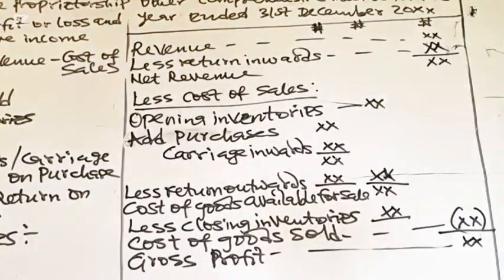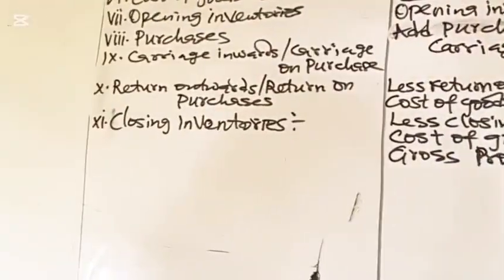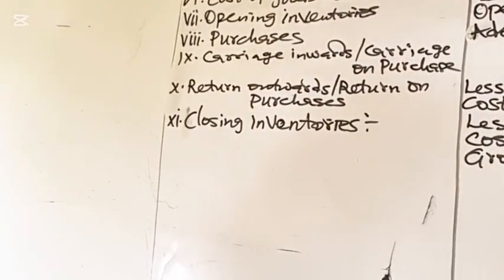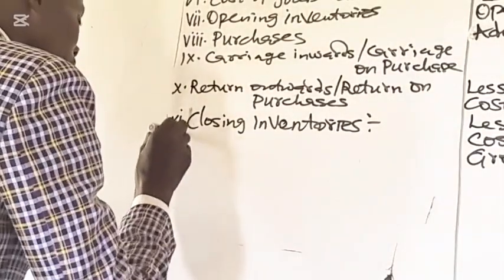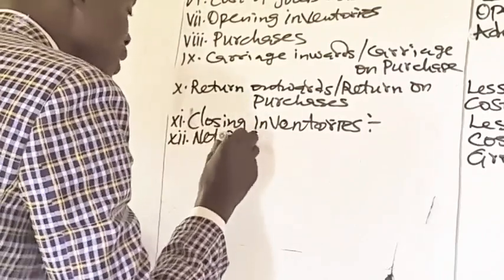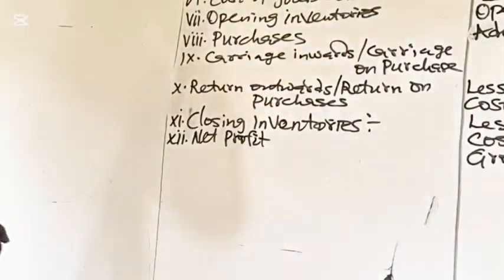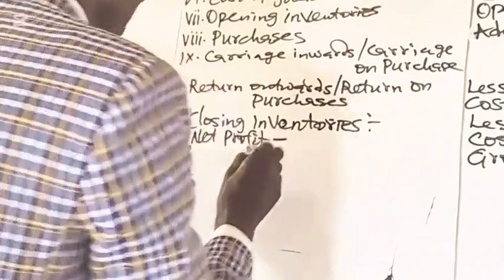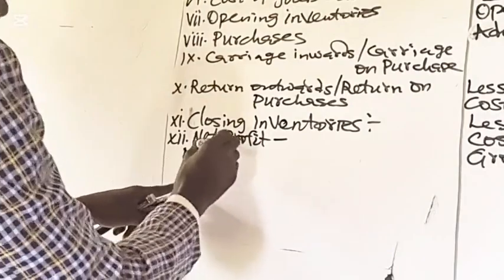Now, after gross profit, you want to ascertain the next profit, the second profit. You are targeting another profit now. Number 12. Net profit. That is the second profit we are targeting after the first profit. The second profit is called net profit. As the name implies, net means minus.